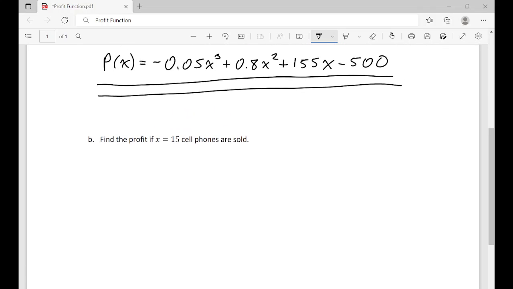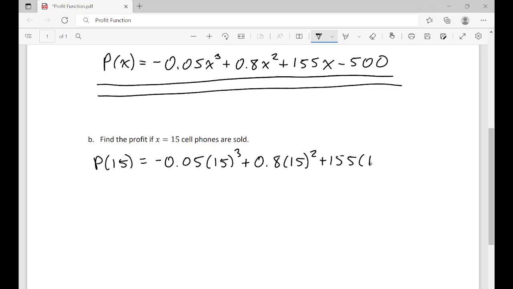And so now it's asking us to find the profit if X equals 15 cell phones sold. So wherever there's an X in our profit function, I'm going to put 15. So P of 15 is going to equal negative 0.05 times 15 cubed plus 0.8 times 15 squared plus 155 times 15 minus 500.